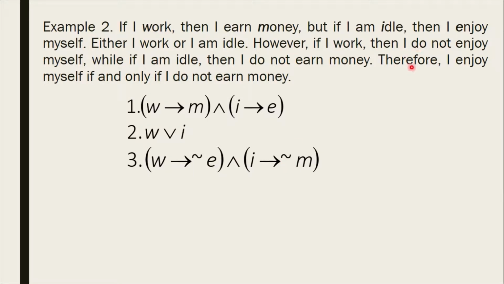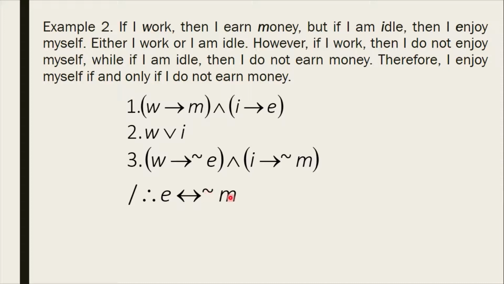Now our conclusion, because of "therefore," is I enjoy myself if and only if I do not earn money. Now we know that if and only if is a biconditional statement. So therefore, our symbol is E using a double-headed arrow.